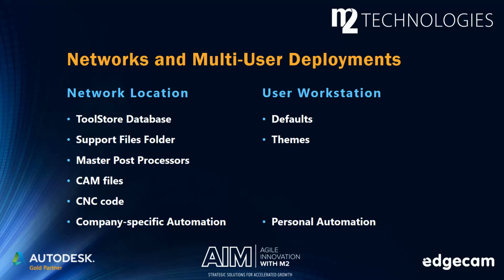There are also personal automation tools. I may have some personal things that I use for part of my job, but they're not really reflecting company policy. So your personal tools might be stuff to just leave on the user workstation.